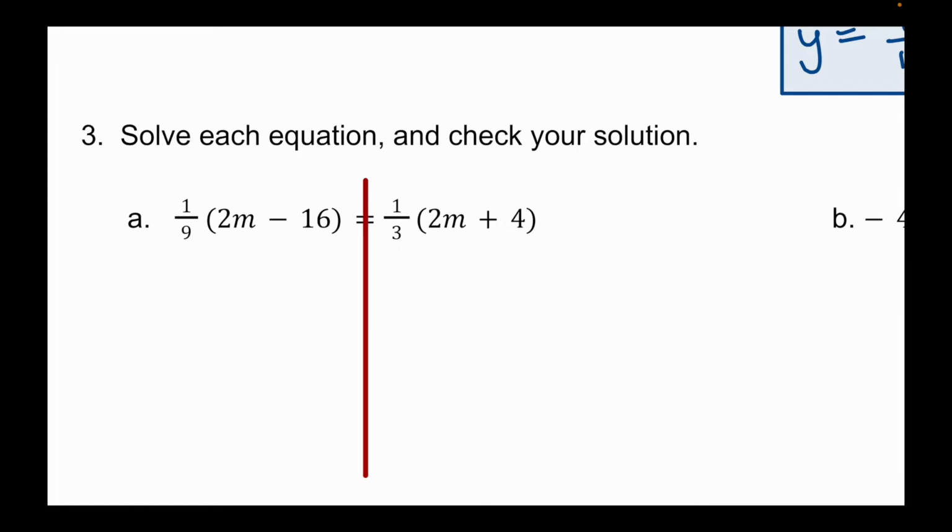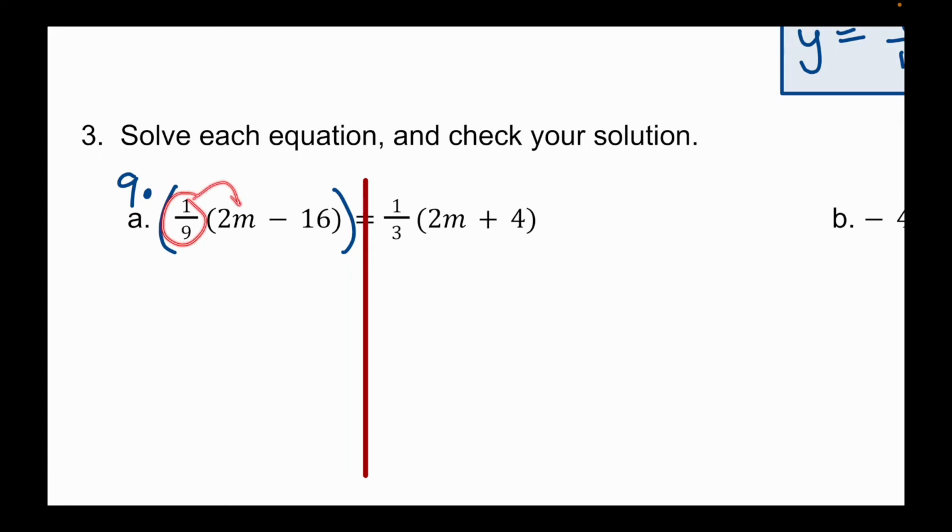So what I am going to show is if I multiply this entire thing on the left, I'm going to multiply this whole thing by 9. And because this 1/9 is already multiplying here, it is just going to take that with it. So I don't have to distribute my 9 here and then all the way through.